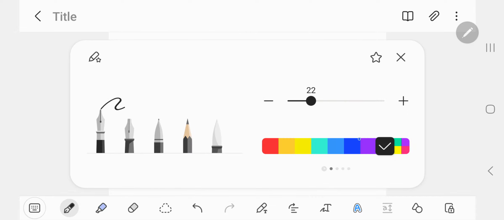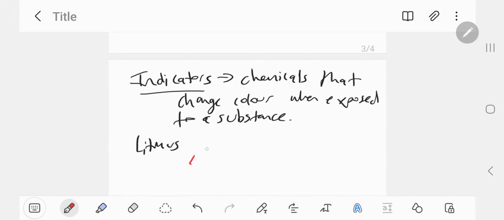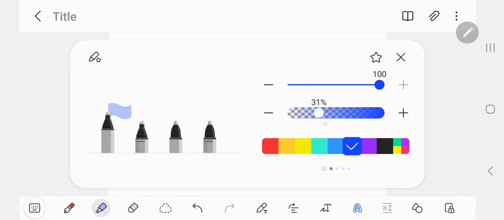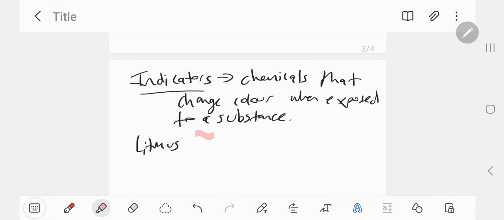Litmus paper comes in strips, so sometimes you'll have red litmus paper. It's a light red, it's not really crimson. So it's just a strip like that.